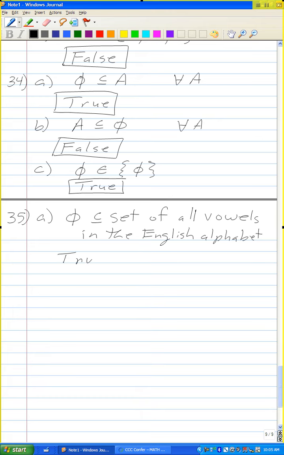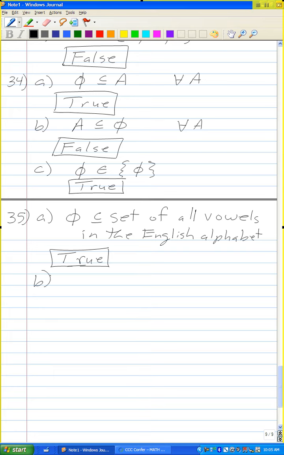Well, that's true, because the empty set contains no members. Therefore, every member of it is a member of the set of all vowels in the English language by default.